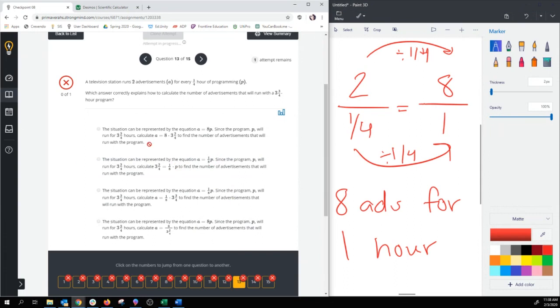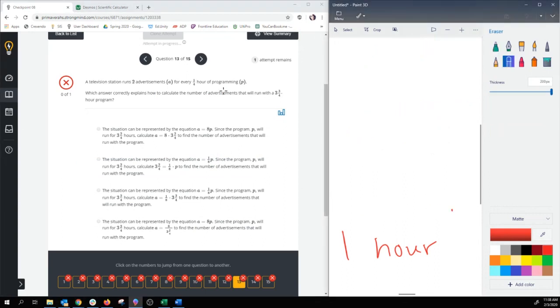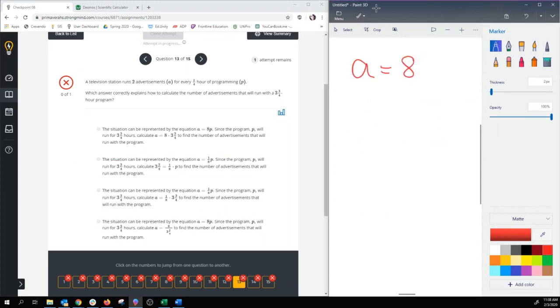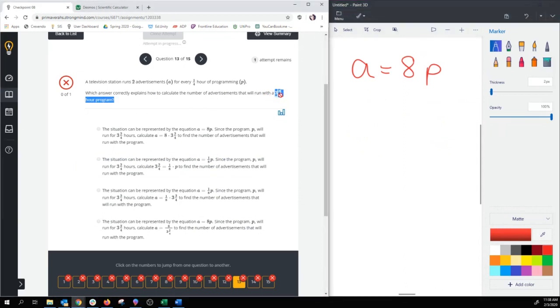So it looks like the next part is figuring out how to solve the next part. It says which answer correctly explains how to calculate the number of advertisements. So advertisements is our A, correct? So if I'm using A equals 8p, I know that my program is running for 3 3/4 of an hour, right?